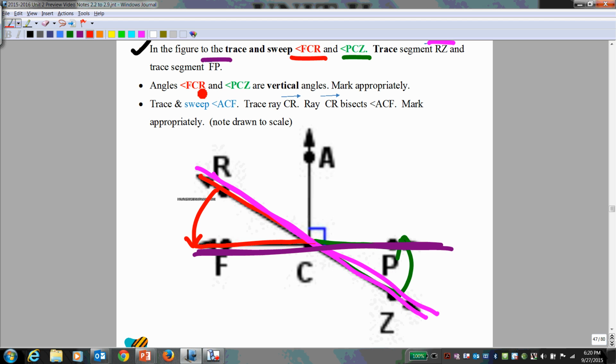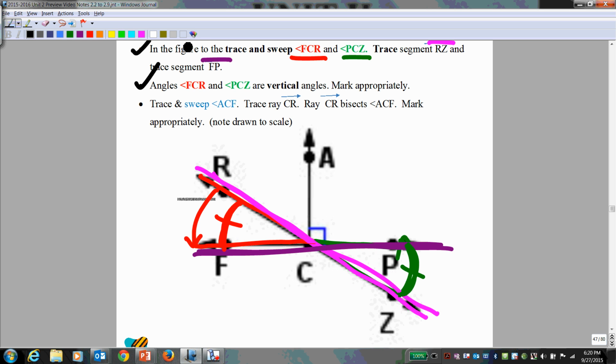Angles FCR and PCZ are vertical. Mark appropriately. These angles are vertical, which means they are congruent. So this red angle and this green angle are congruent. Why? Because they're vertical. They're bow tie angles.